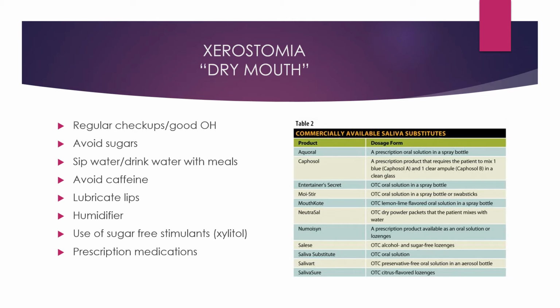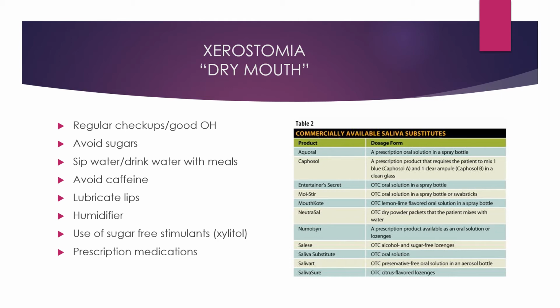Make sure they lubricate their lips. Sometimes the use of a humidifier in the room will help. And in order to stimulate whatever function the salivary glands still have, use sugar-free stimulants, particularly ones that have xylitol.